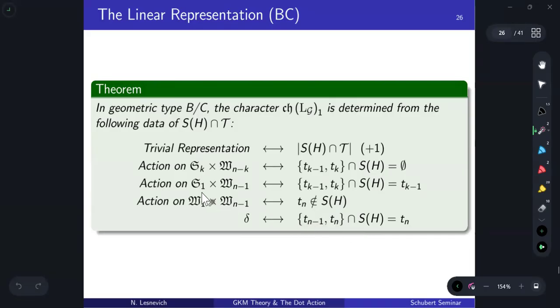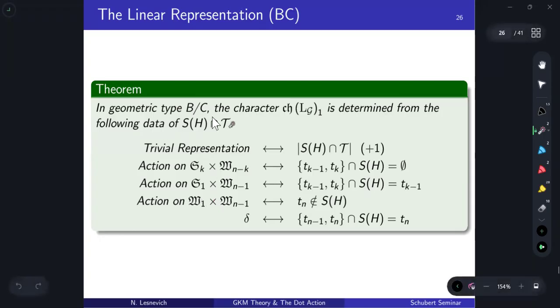So this is great. We've computed all of these first graded characters. One of the interesting things that shows up for both of them is they're all permutation representations acting on reflection subgroups. That's definitely interesting in the type A case for graded Stanley-Stembridge conjecture reasons.